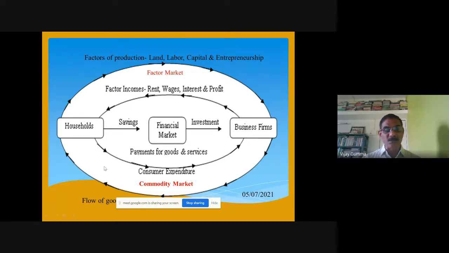Prices paid by the household sector through the commodity market go to the business firm sector in the form of income. See, income received by the household sector from the business firm sector flows back to the business firm sector.